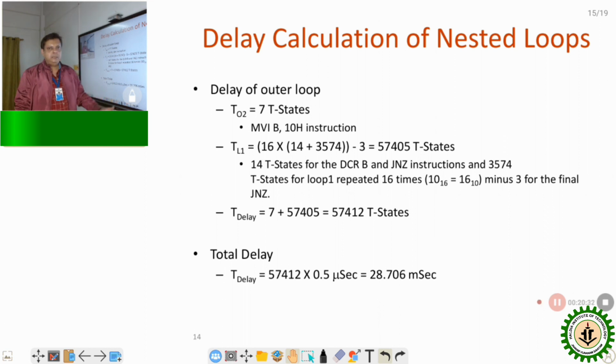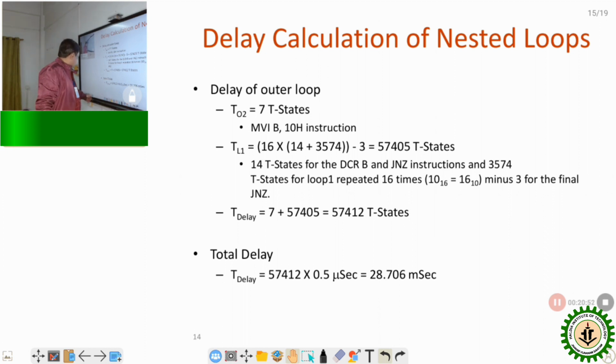So this nested loop is one of the best ways of increasing the delay. Now some people might say, I want more than this. So what is to be done? If you want more than this, there are other ways which I will not be covering today because that is going to be a little bit lengthier.